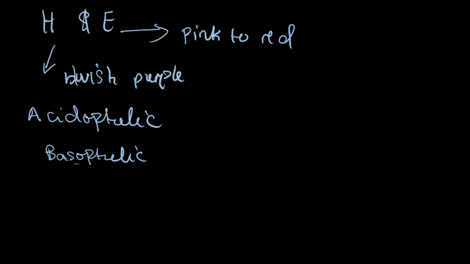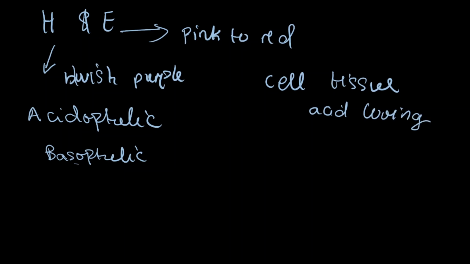In a given cell or tissue, we have certain components that are acid loving. These tissue components are attracted to acid and attracted by acid. We also have other components of the tissues that are base loving. These tissue components are attracted to the base and the base is attracted to them.